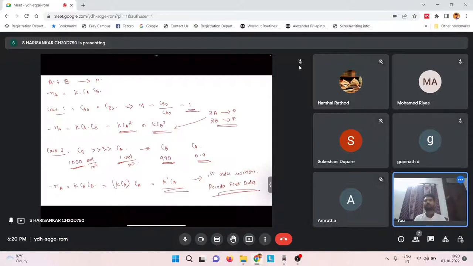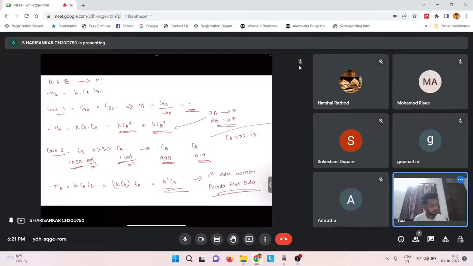And in the second case, where the concentration of B is much greater than A, or if the concentration of A is much greater than the concentration of B, you can take the higher concentration term as a constant and approximate this as a first order reaction, and such reactions are called pseudo first order reactions.